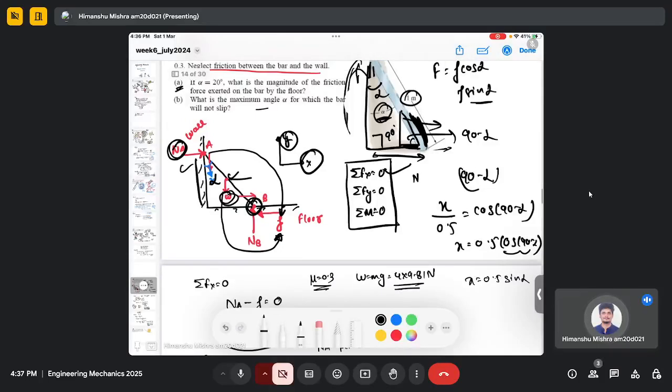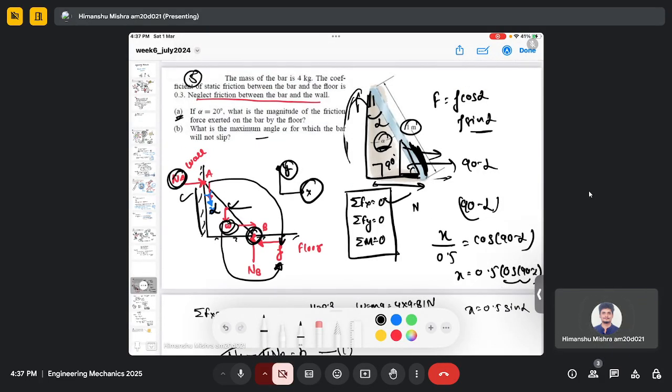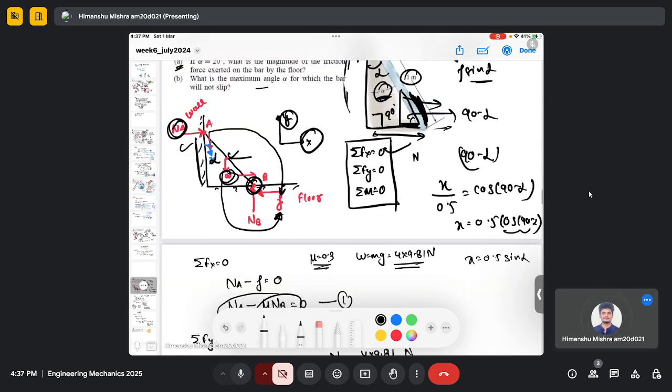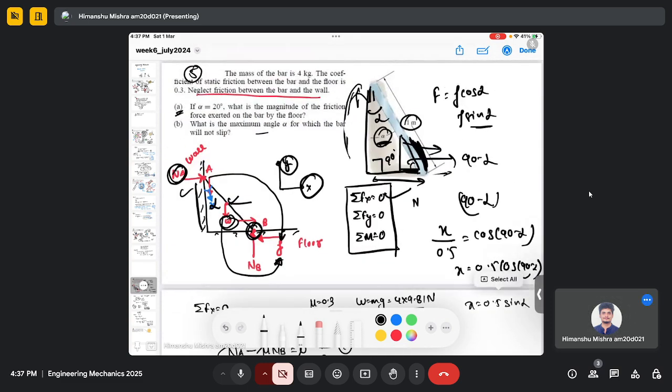So any question in this problem? Just one second. X equal to, so we took that. Okay, so now the angle you took right now, from the 90 minus alpha, that triangle's x is different, and the x you took there is different.